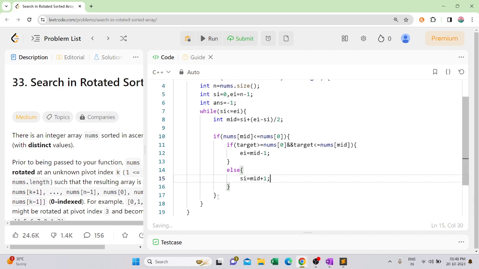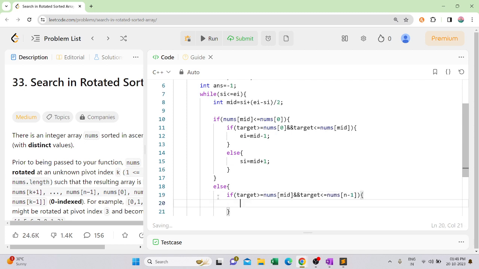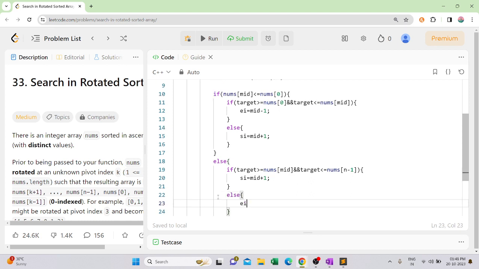And if the opposite is the case, like the mid lies in the second sorted part, then we need to check if our target element is greater than or equal to nums of mid and target element is less than or equal to nums of n-1. If this is the case, this means our target, if it exists, will lie in that part. So in that case, we are shifting our starting index to mid +1. And if the opposite is the case, we are shifting our ending index to mid -1.